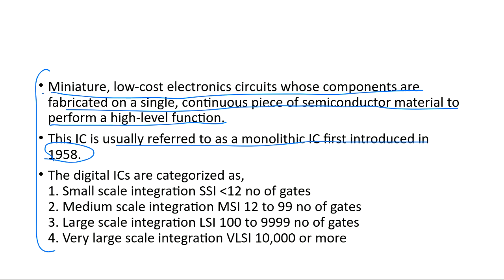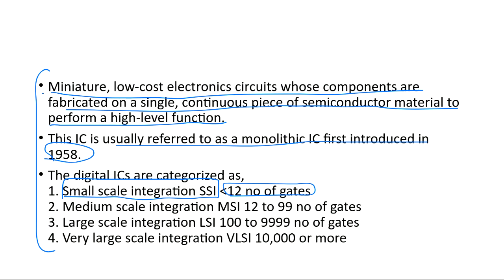The ICs are categorized as under. Small scale integration. Integration means summation. For example, you collect things together, it means you are integrating different things. Small scale integration has less than 12 gates, logic gates.